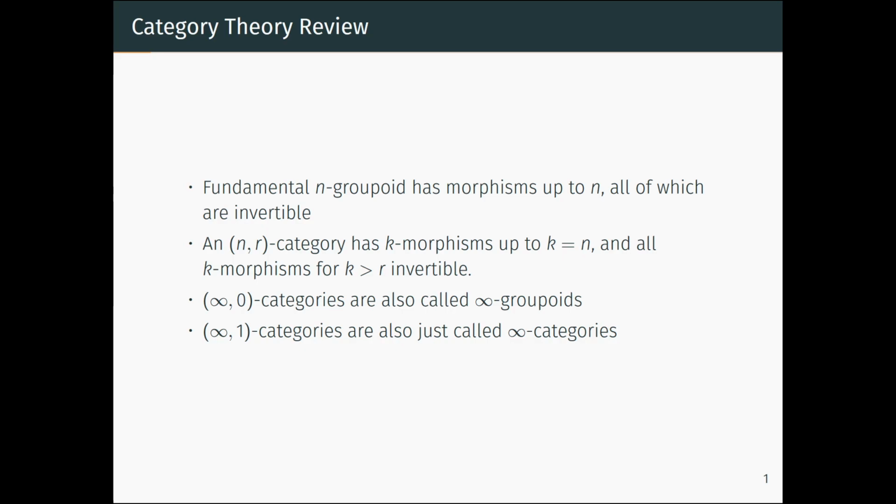This is the homotopy theory viewpoint, where our higher morphisms are higher homotopies. An (n,r)-category, then, has k-morphisms for k up to n, and all of the k-morphisms for k above r are invertible. We call infinity-zero categories, where everything's invertible, infinity groupoids. And infinity-one categories, we're also just going to call infinity categories.